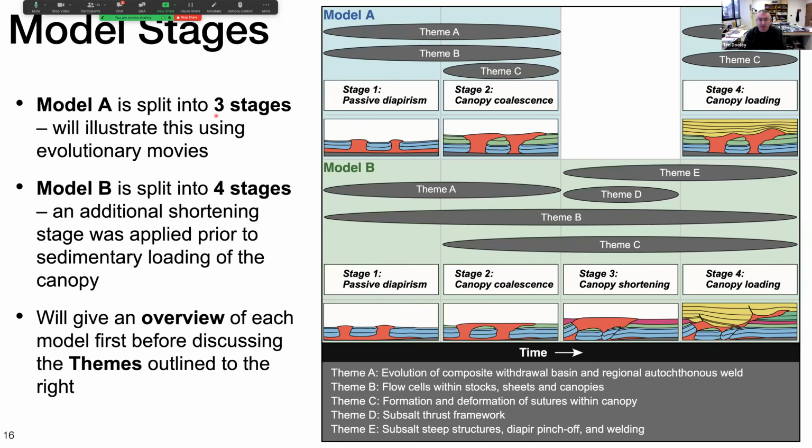So as I said, model A is split into 3 stages: upward growth, flaring, and then canopy loading. And model B, as I said, 4 stages here: upward growth, flaring, coalescence, shortening, and then canopy loading. So I'm going to show you a short overview of each of these, and then we will explore some aspects of each of these models.